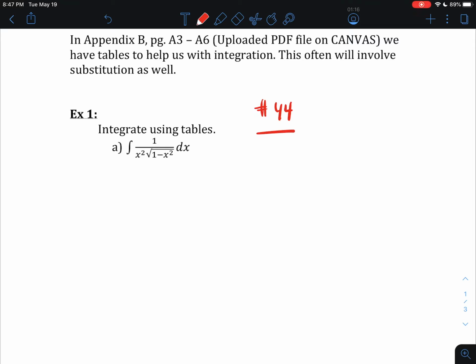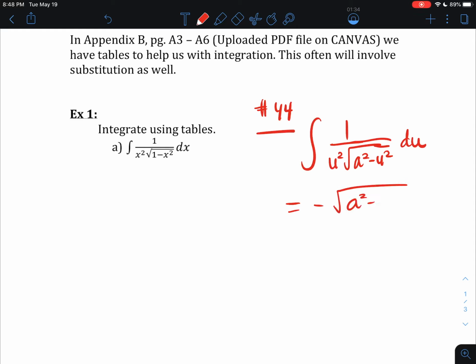Number 44 says the integral of 1 over u squared times the square root of a squared minus u squared du equals the negative square root of a squared minus u squared over a squared times u plus c.